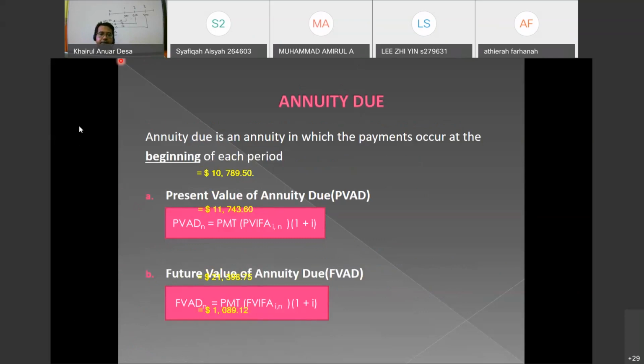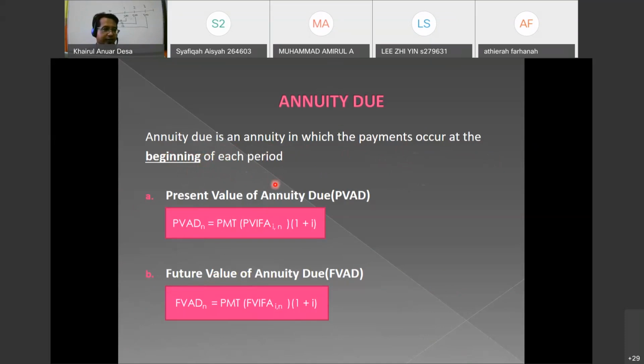Okay, the second one is the annuity due. Masih ingat lagi apa maksud annuity due just now? Can you remember what is the annuity due? Okay, repeat. Annuity due, the annuity happens or occurs at the beginning of each period.